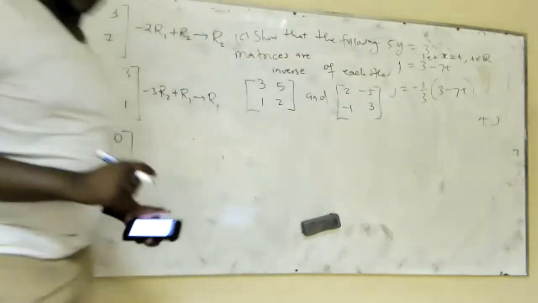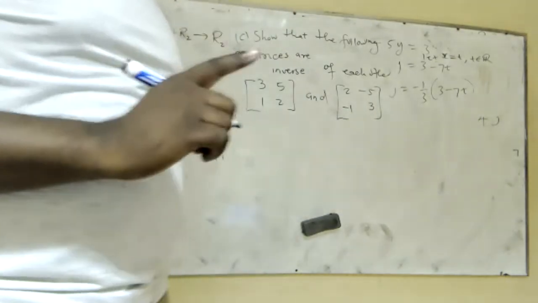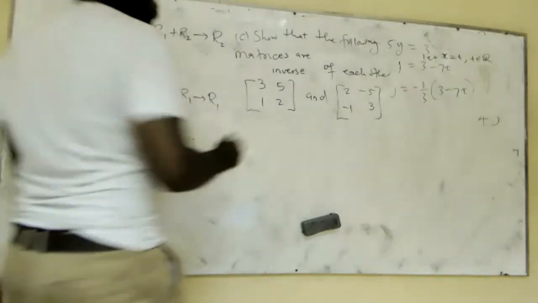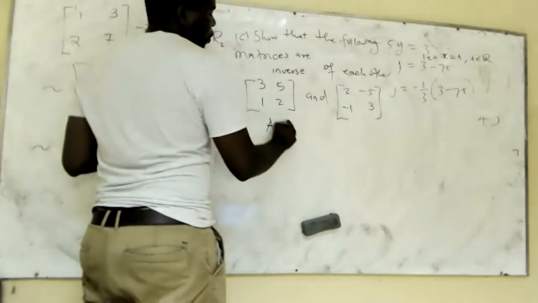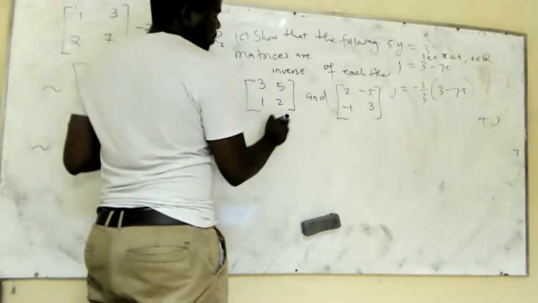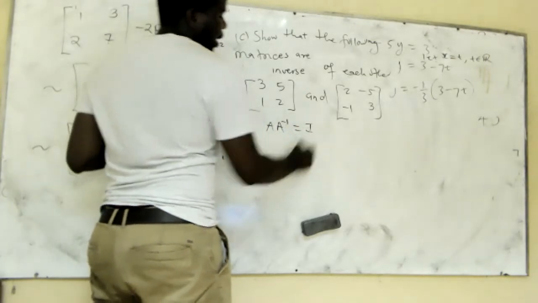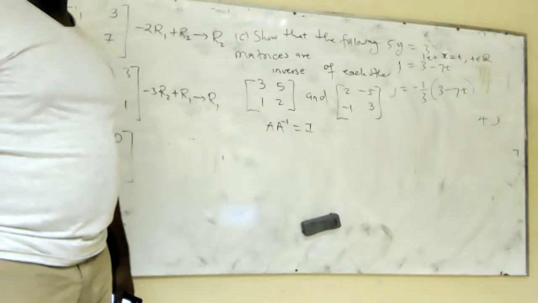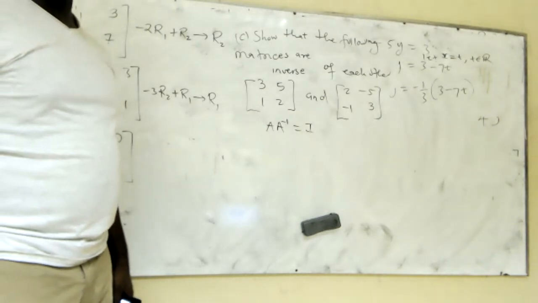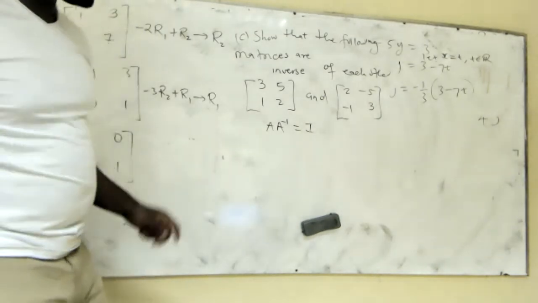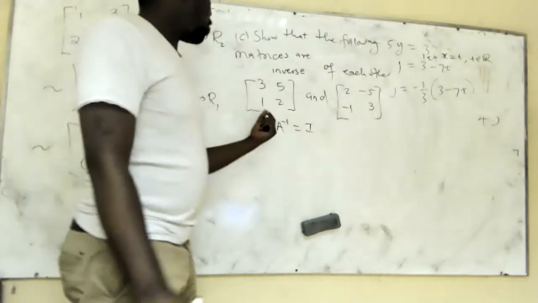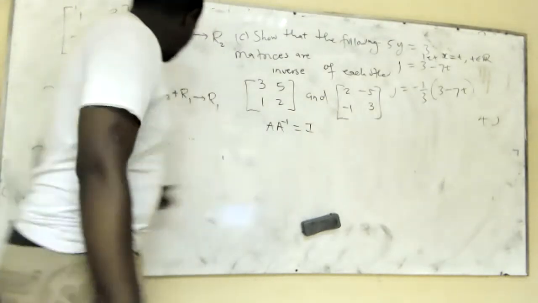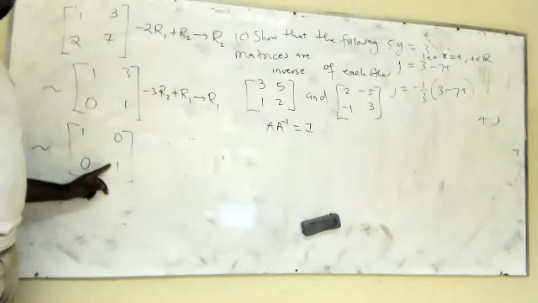If you want to show that the two given matrices are inverse to each other, you must multiply them together. When you multiply them together, they must give you an identity. Are we all together? If you want to show that the two matrices are inverse to each other, when you multiply them together, they must give you what? An identity. Which identity is in this form?